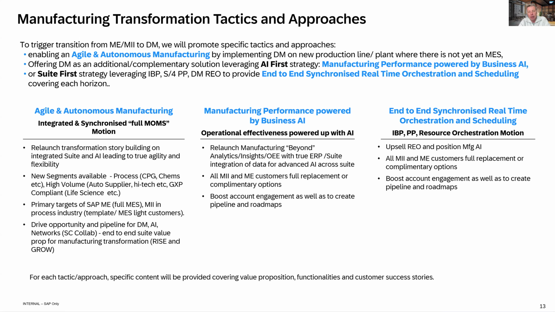And then on the right-hand side, and I have some examples in mind, maybe you want to put in place a solution that covers all the horizons of your supply chain management. You can start with IBP for S&OP, then for demand management, move to PPDS for the production planning and detailed scheduling, and then go to DM to manage the resource orchestration during the shift.